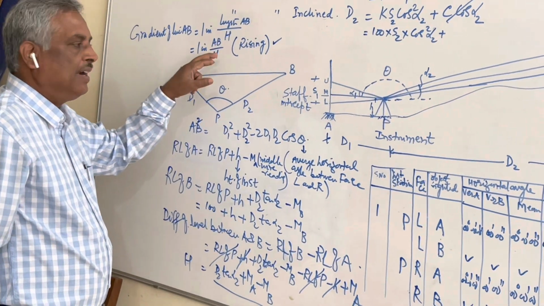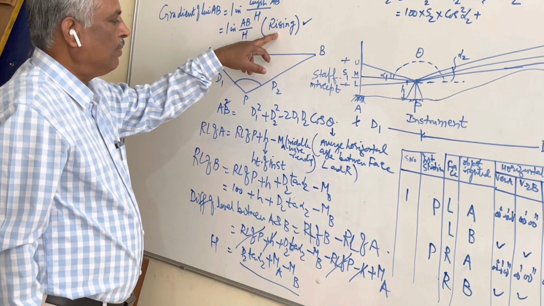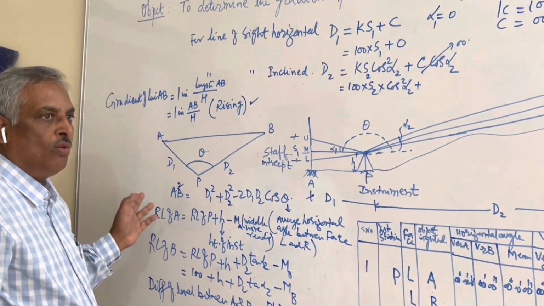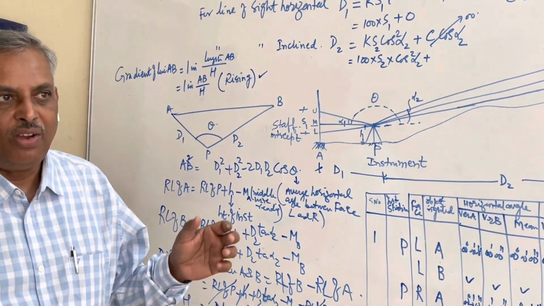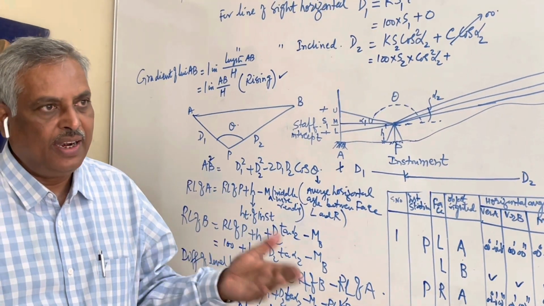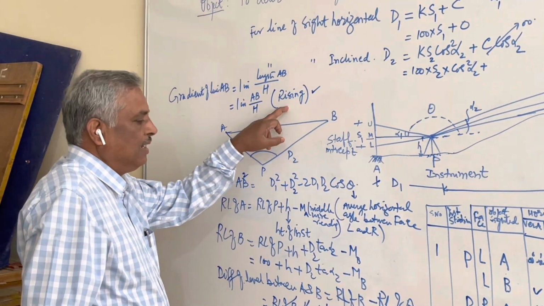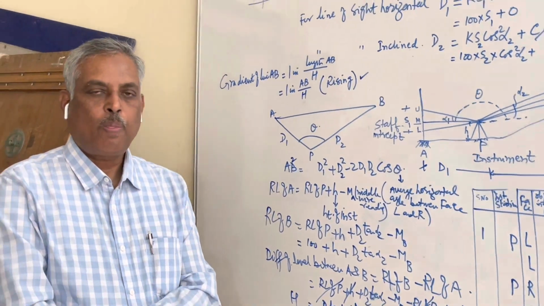And if the gradient is not confirmed, and you have designed wrongly, B to A, all the water coming from the house will go inside the house, because the gradient will be reversed. So that's why writing this rising is very important.